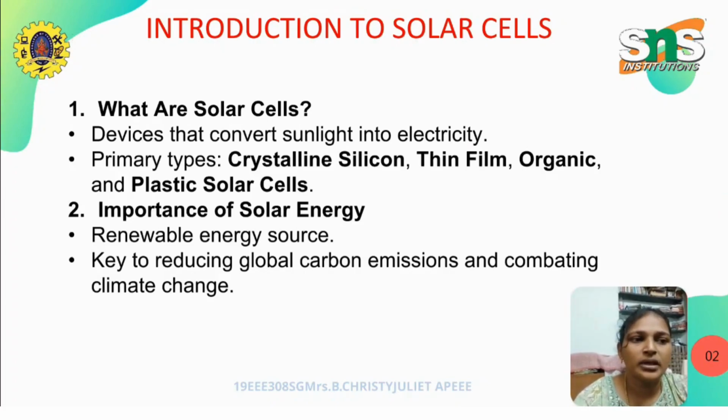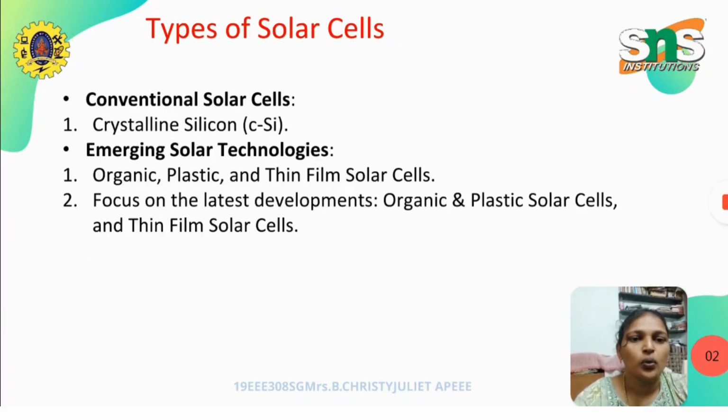These carbon emissions are the main cause of ozone depletion, global warming and so on. So in order to reduce those impacts and avoid unwanted climate change, we need these kinds of renewable energy sources.